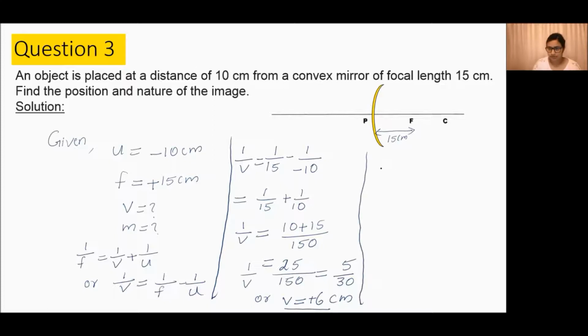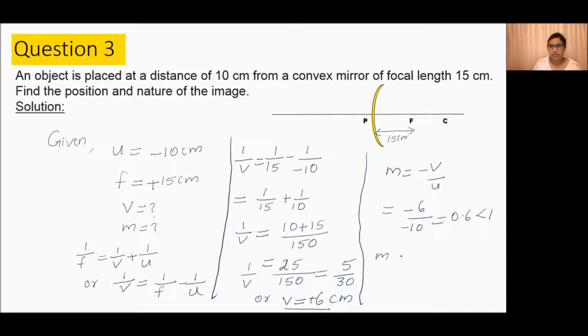Now M can be calculated using minus V by U, which is equal to minus 6 divided by minus 10, which implies 6 by 10, which gives you 0.6, which is less than 1.